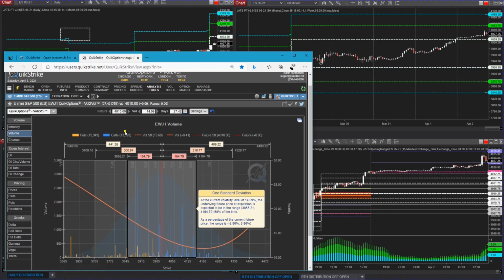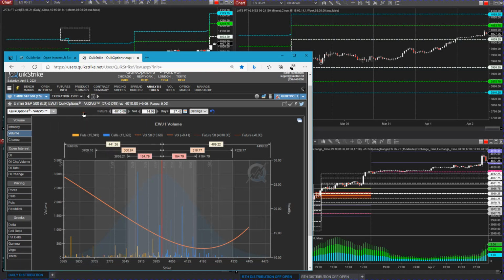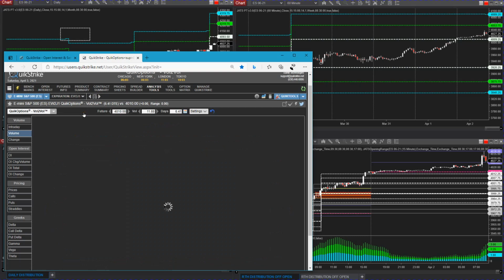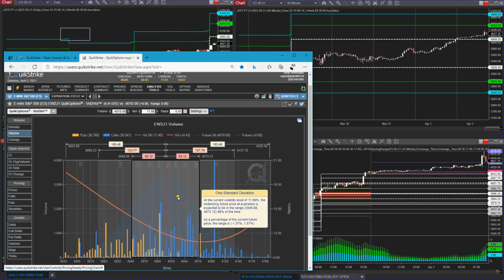So you want to kick this down to your shortest time frames and look for those weeklies, just to see if there is a high strike and what your boundaries are here, because they're much more likely to get targeted and hit and be able to trade.